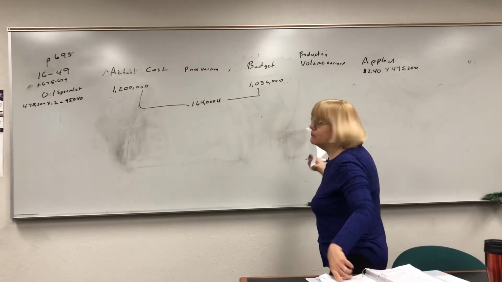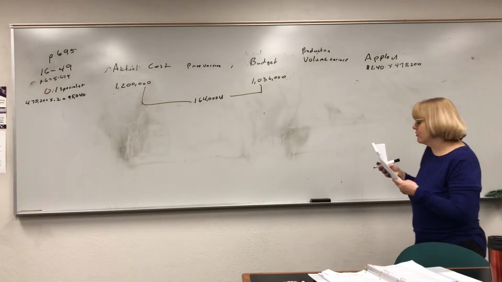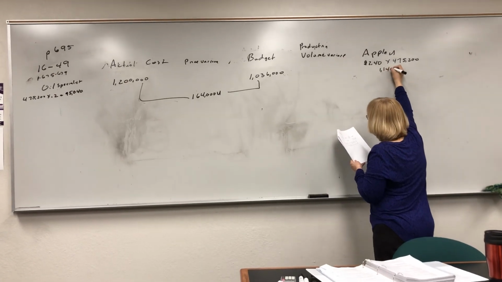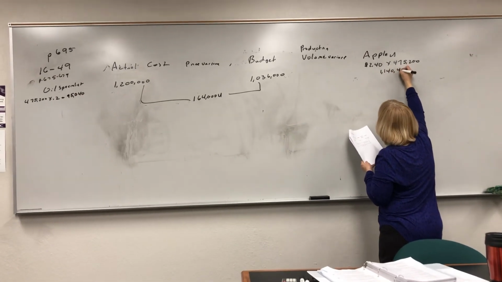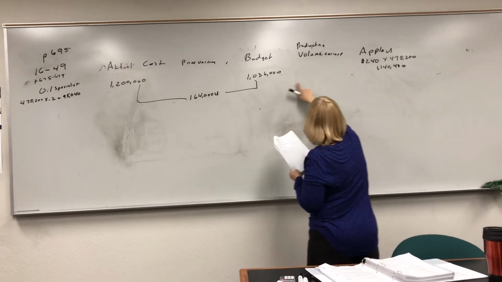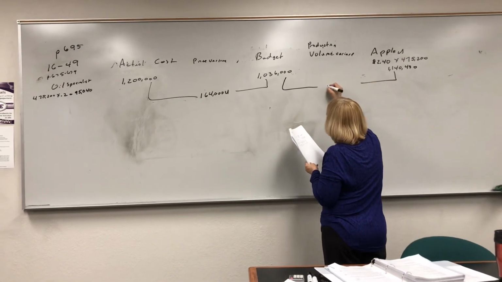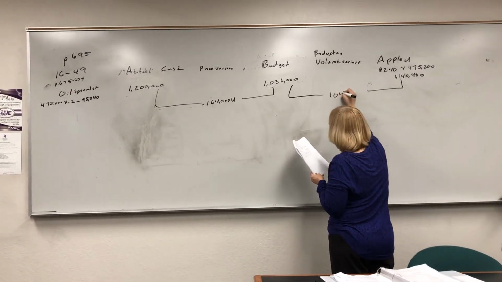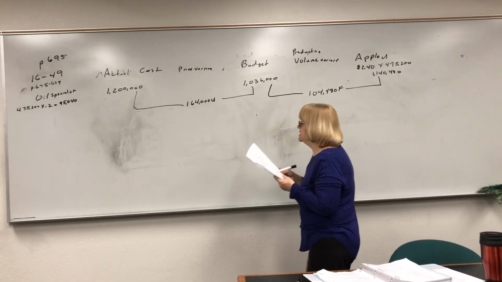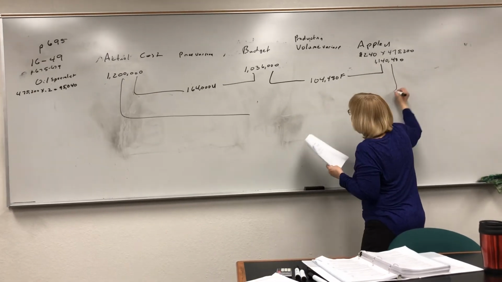So we know they did more, which is actually going to make our production volume variance favorable. So they actually applied 1,140,480. And you can see our budget is less than they applied. So we're going to end up with 104,480 favorable here.